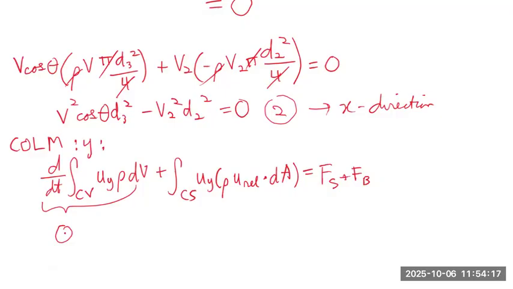So the change in mass in the control volume over time is actually 0. But what about the control surface? For the control surface, we have masses flowing into and out of the control volume, so it's not going to be 0.